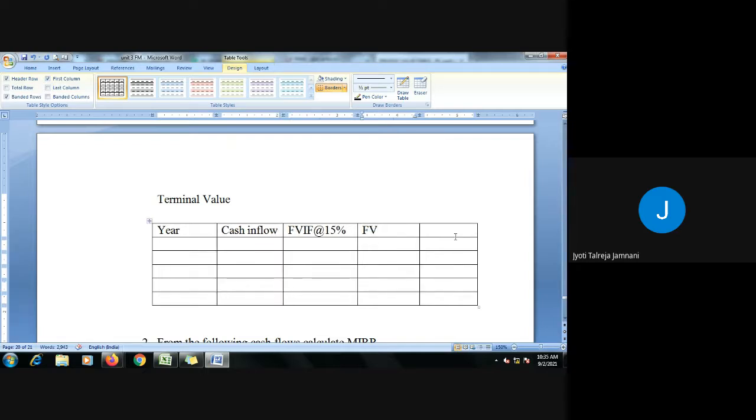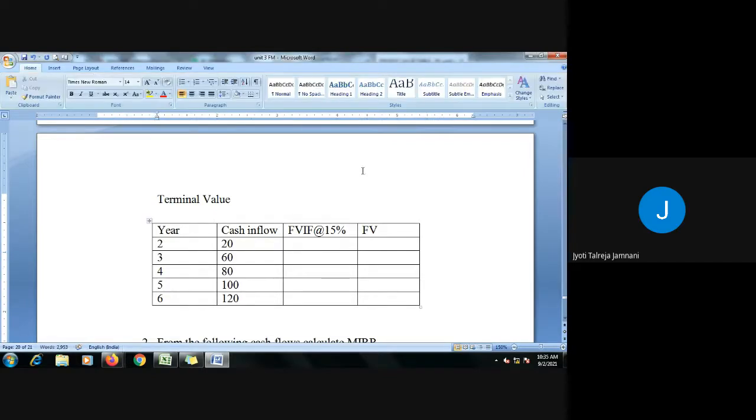First, year 0 and 1 were investment. From the second year we have the cash inflows. So 2 to 6 years we take here. The cash inflows were 20, 60, 80, 100 and 120.